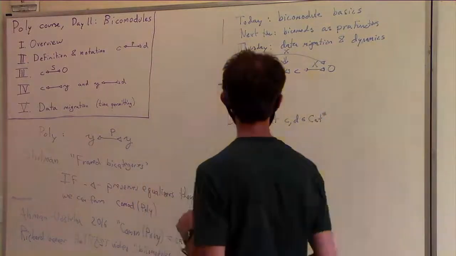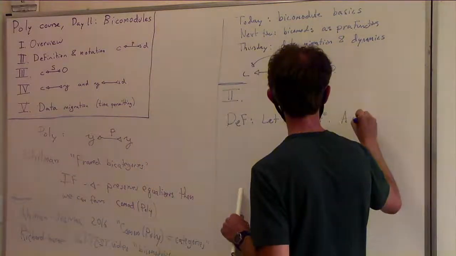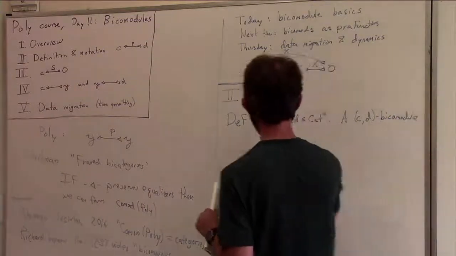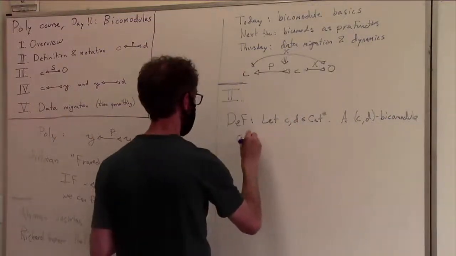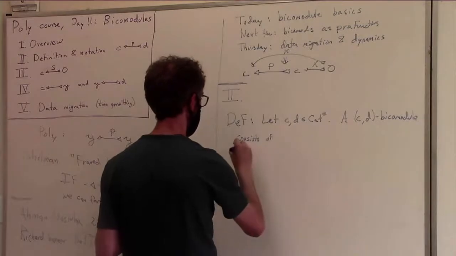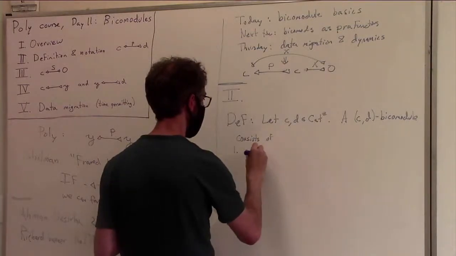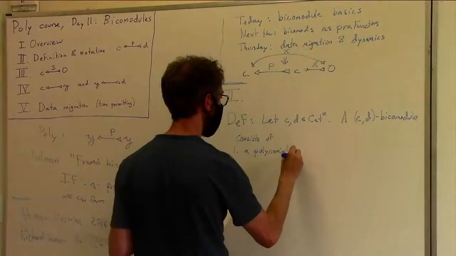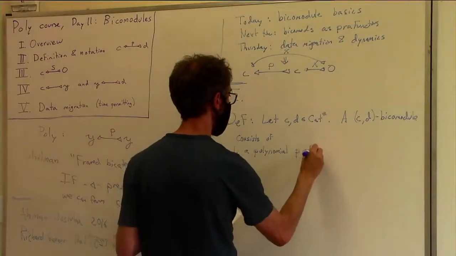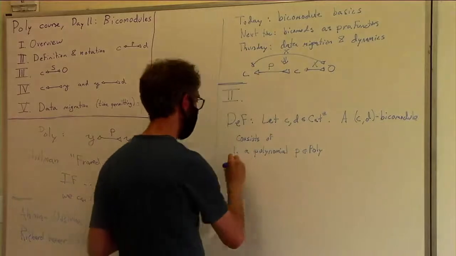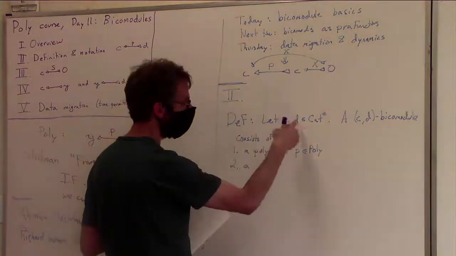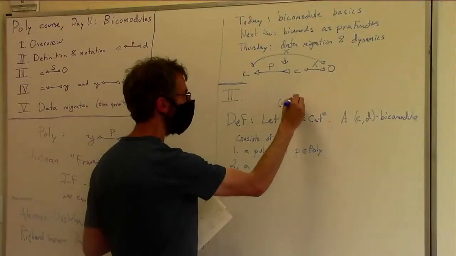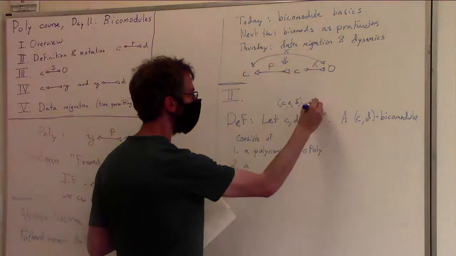A C-D bicomodule consists of a regular old polynomial functor, like we've been talking about the whole time, P. So C and D are categories. C has a polynomial, an epsilon, and a delta. And D has a polynomial, an epsilon, and a delta.